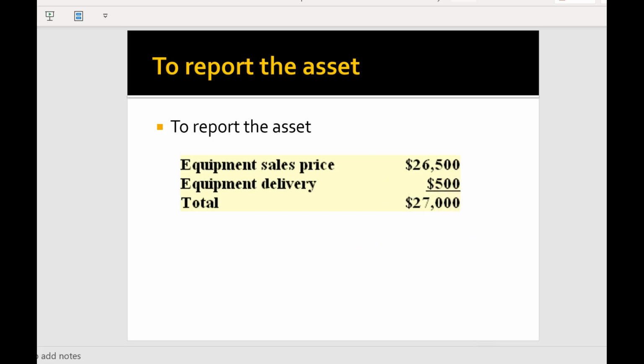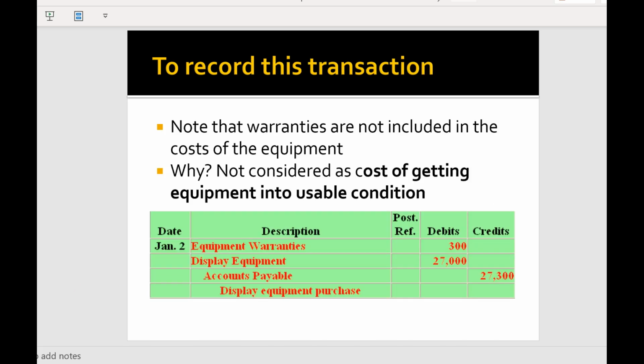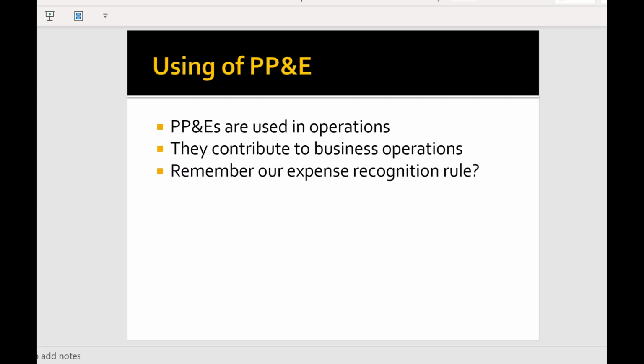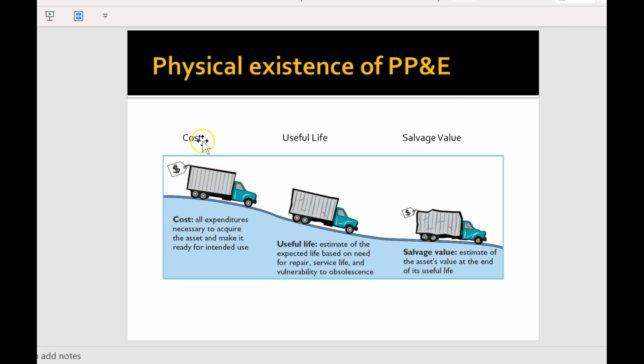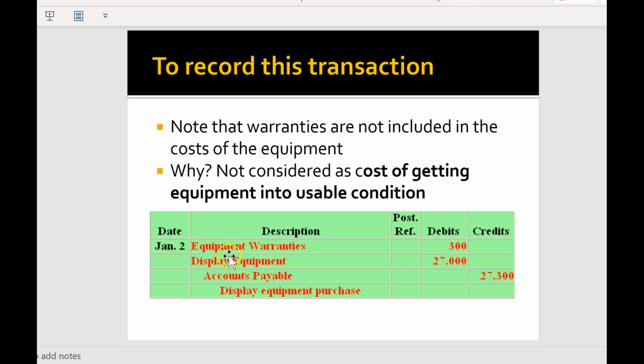So that's $27,000. So we would debit the warranties, we would debit the equipment, we would credit accounts payable if we pay on account, or if we pay cash, we'll just credit cash. So that's the first stage. That's when we purchase the PP&E. We have to determine the cost of the PP&E and try to show on our accounts how these items are recorded.